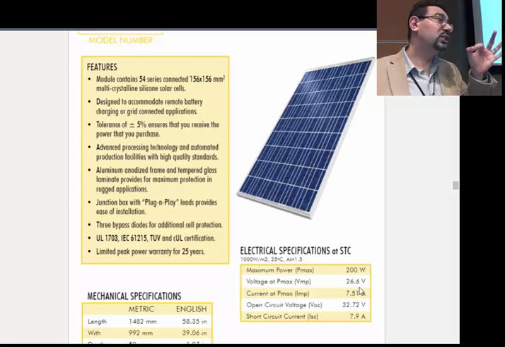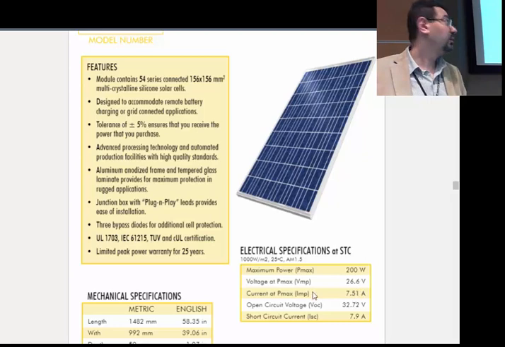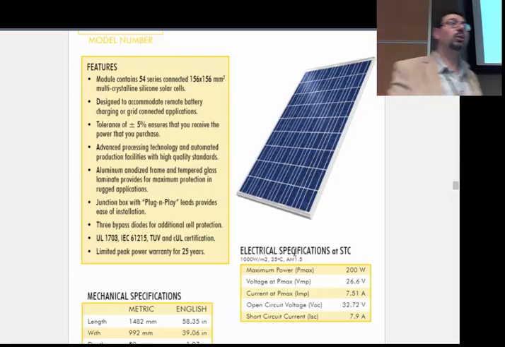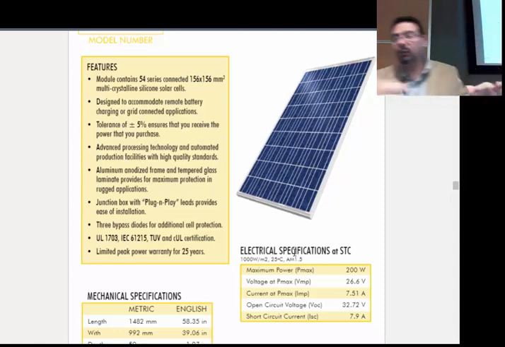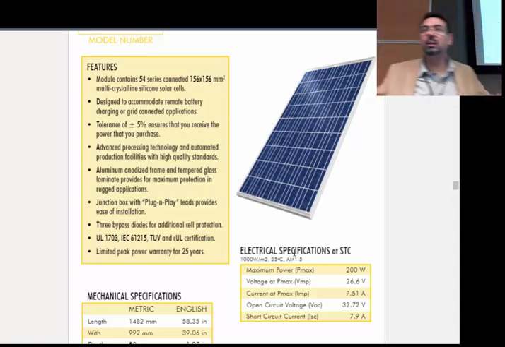So if the voltage of each cell is 0.5 and you want to get 26 volts from this panel, how many in series do you need? 26 times 2. If you want a total of 26 volts and each one is giving you 0.5, 0.5, 0.5, 0.5, right?